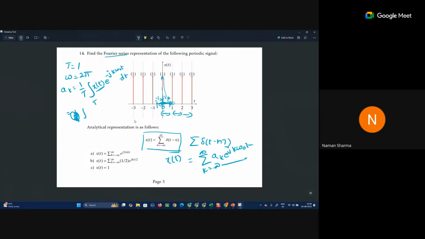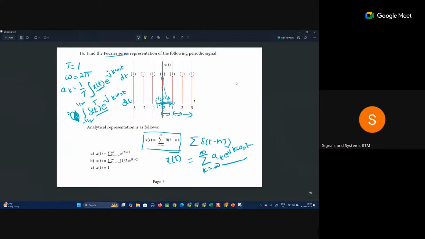Yeah, I got it. So we'll be taking from minus half to half delta of t e power minus jk omega naught t dt. So what will delta of t e power minus jk omega naught t be? It will be delta of t only.